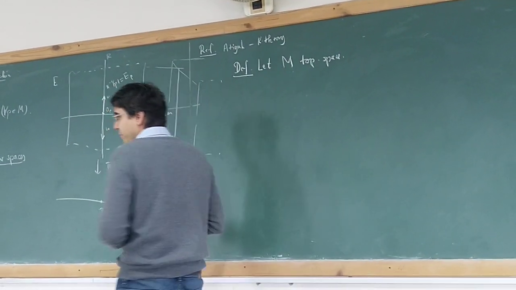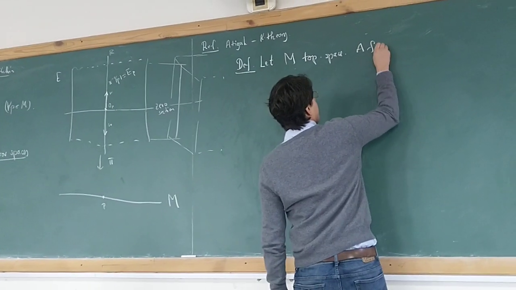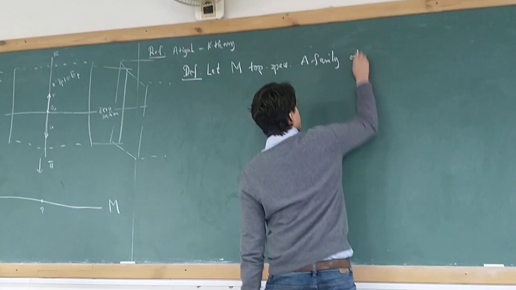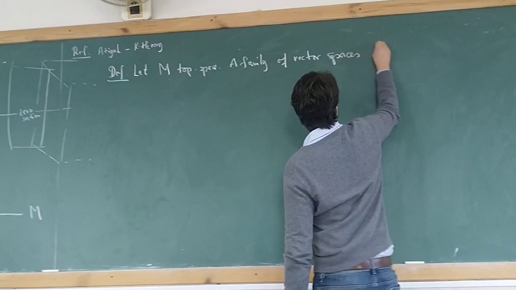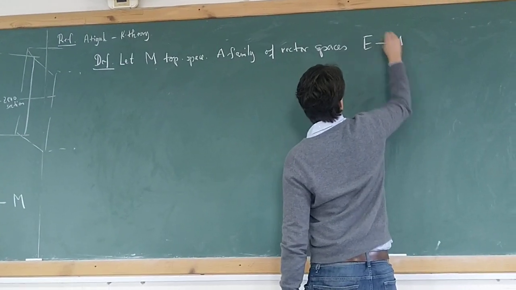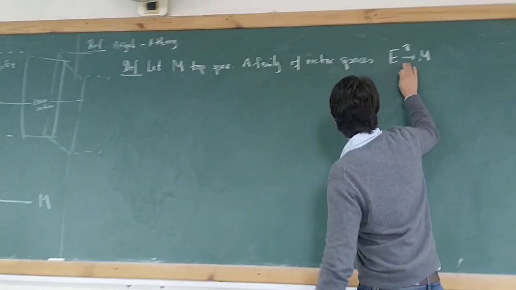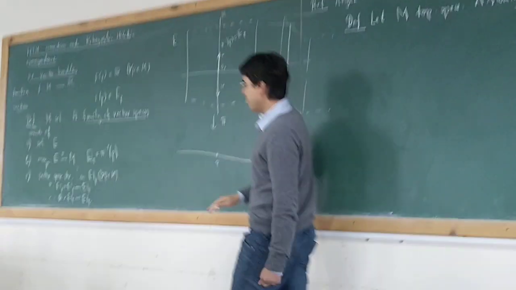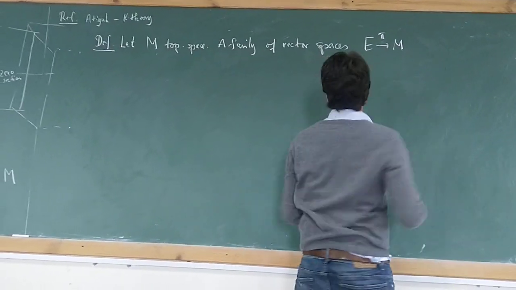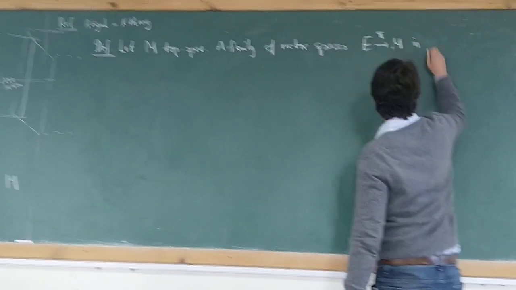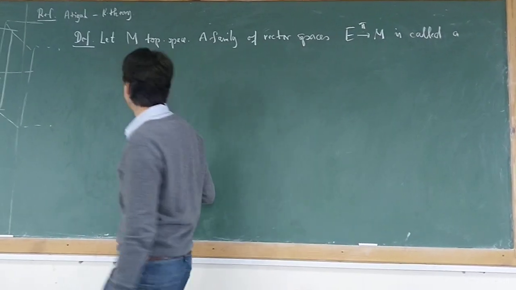And all right, so a family of vector spaces. I usually just write E over M, and this structure is understood. A family of vector spaces, E over M, is called a vector bundle.